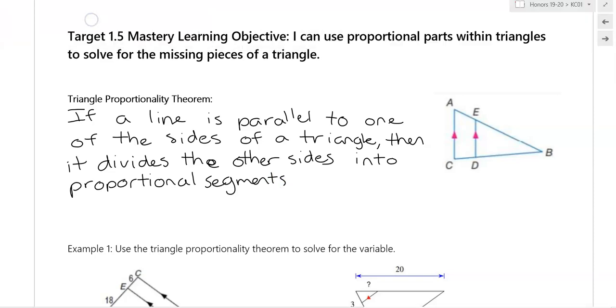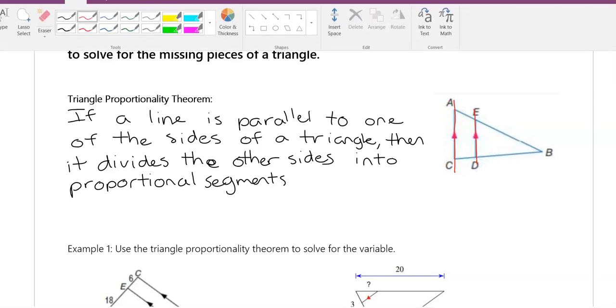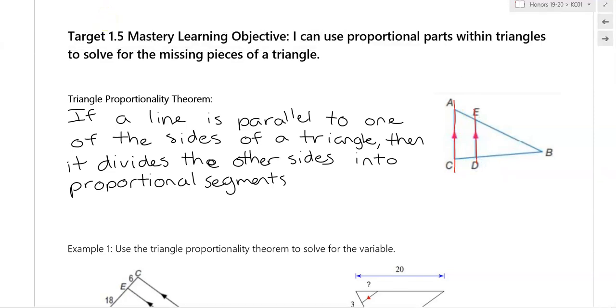So, our example, here's my parallel sides, and I always start at the point that's not part of those parallel sides.